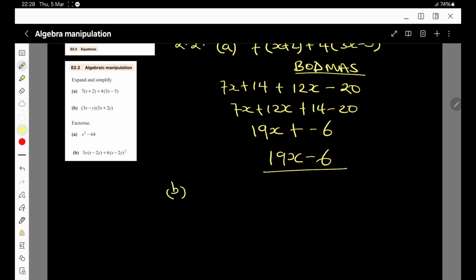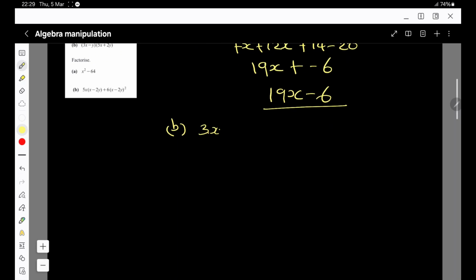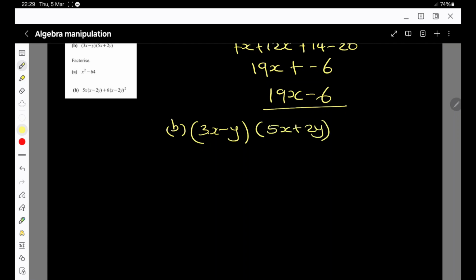The second number, which is part B, says we are expanding and simplifying 3x minus y, into brackets 5x plus 2y.